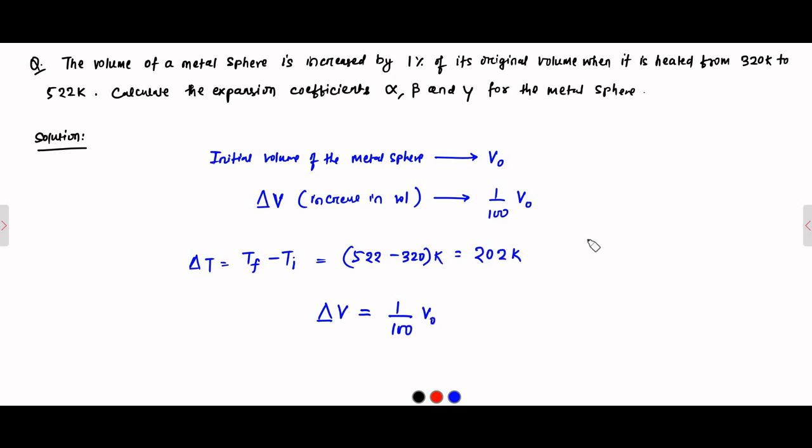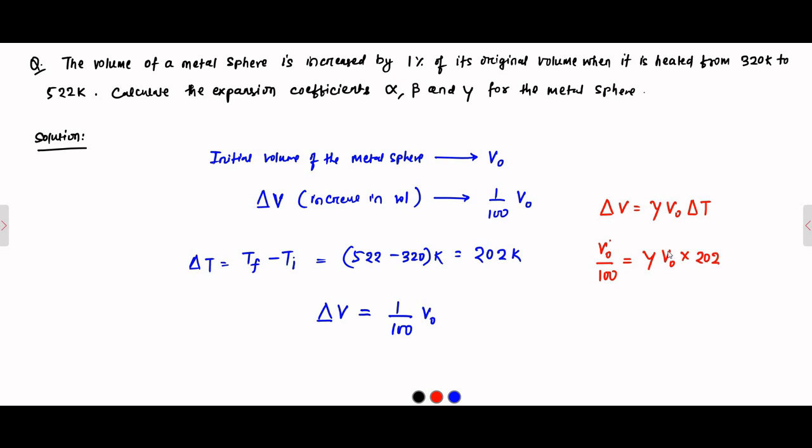As per the formula of volume expansion, the increase in volume delta V is equal to the volume expansion coefficient gamma, the original volume V0 and the rise in temperature delta T. If we make the substitutions, the increase in volume is 1% of the original volume, that is V0 by 100, which is equal to gamma, the volume expansion coefficient which we want to calculate, times the original volume V0 and delta T, which is equal to 202.